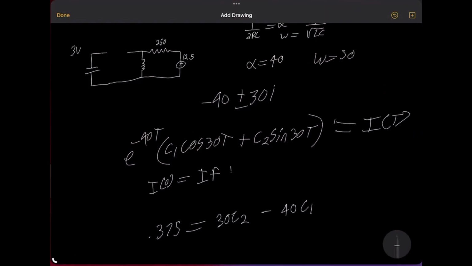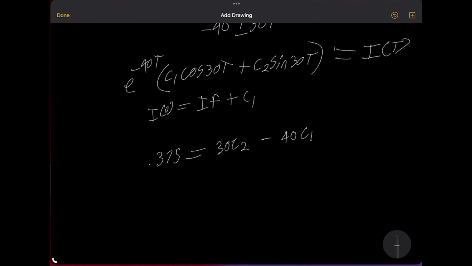Plus C1. So C1 would end up being 0 because I naught is 0.05 minus I final, which is also the same value. So C1 is 0, so it's going to be 0.375 divided by 30, which gives you 0.0125 C2. Right, and that's going to give you your final answer.